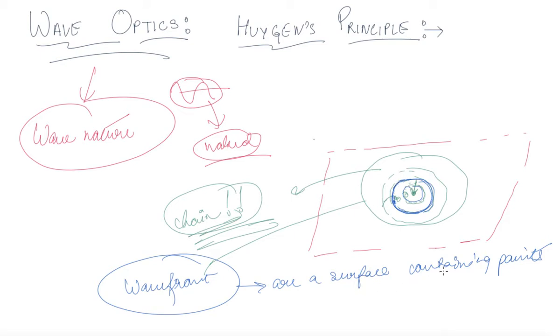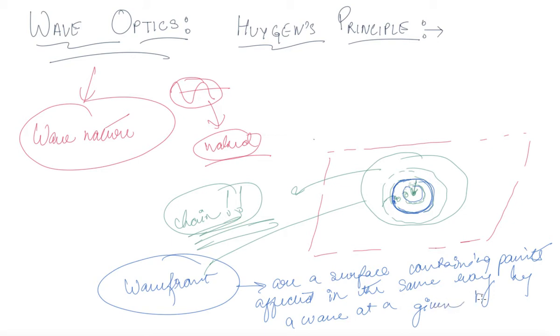Let me complete the whole definition. Affected, please keep in mind, in the same way by a wave at a given time. So at a time t equals t naught, all of this surface will be affected equally, and all of this will be in equal phase.